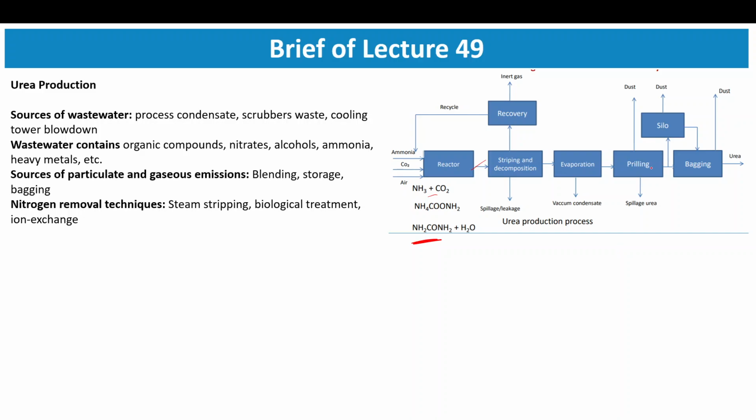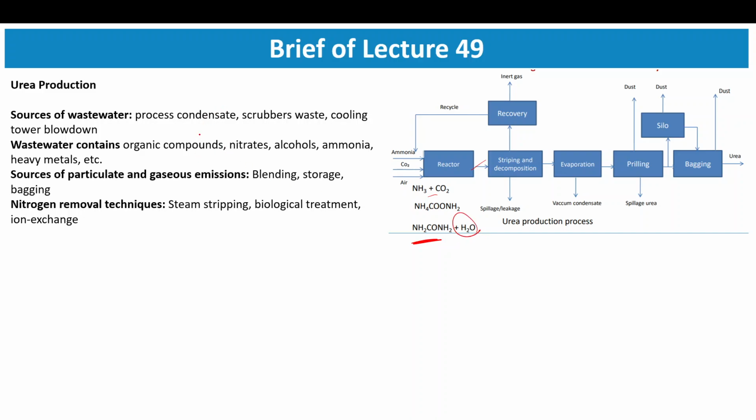And later it is sent to storage tanks, and from there it is packed in bags and sent to market. So during the entire process, one of the major byproducts is water.